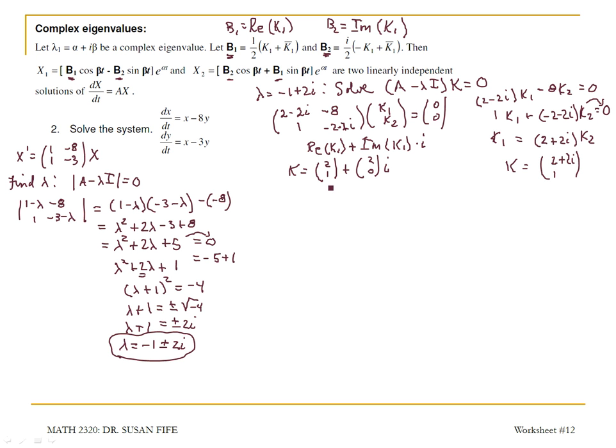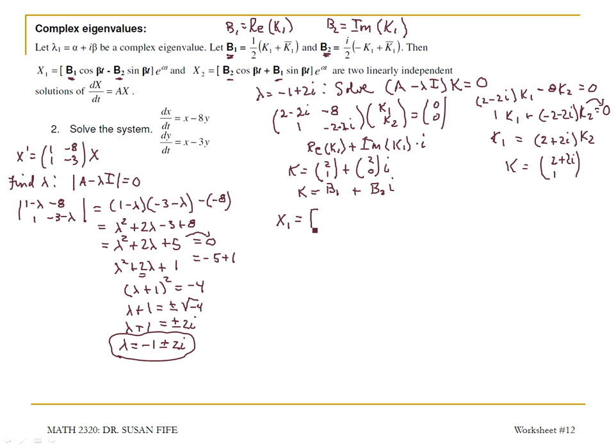Okay, so our B1 is this vector 2, 1, and our B2 is this vector 2, 0. Okay, and we get solutions.